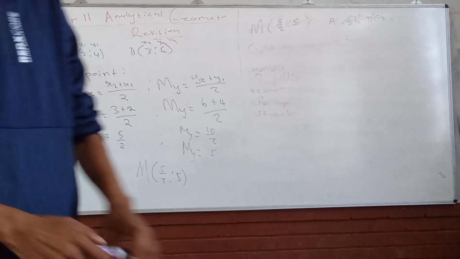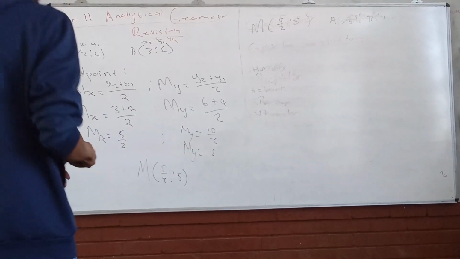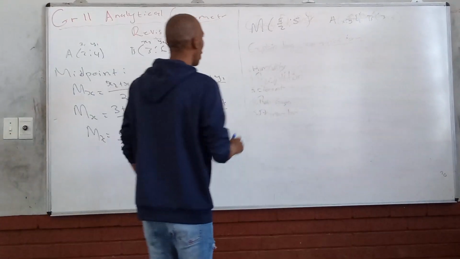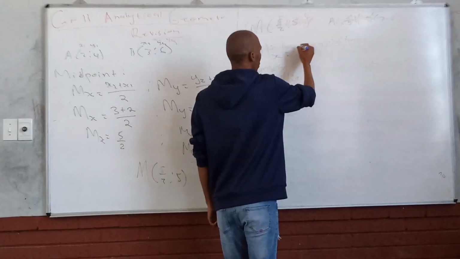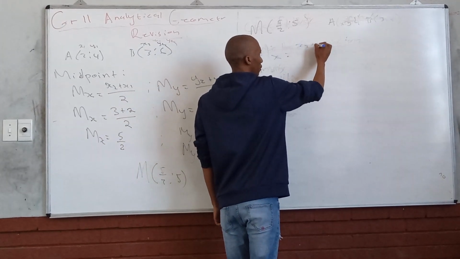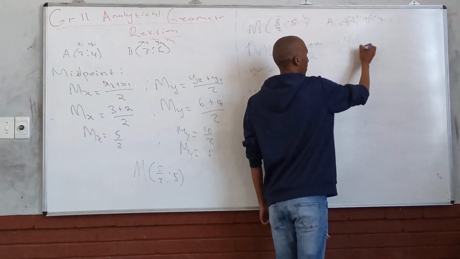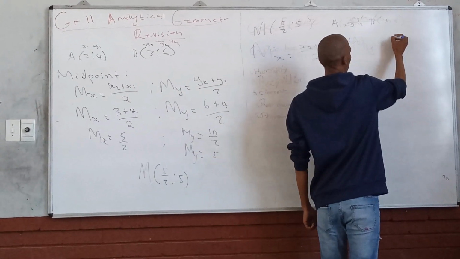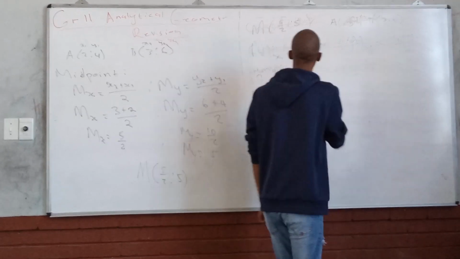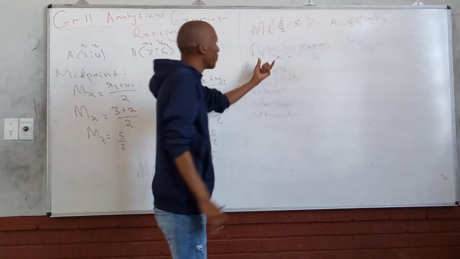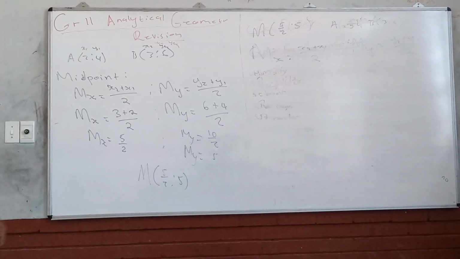In terms of what I'm going to use, it's the same thing that I've been using, which is your midpoint formula. mx is equal to x2 plus x1 all over 2, and my is equal to y2 plus y1 all over 2. Now I'm given the midpoint. What is the midpoint of x?